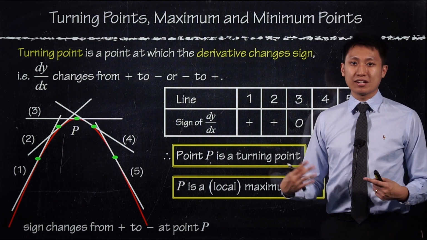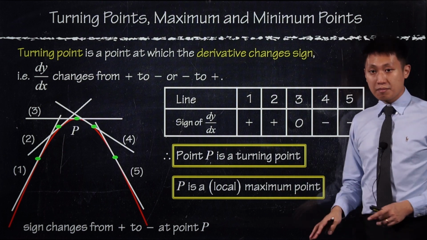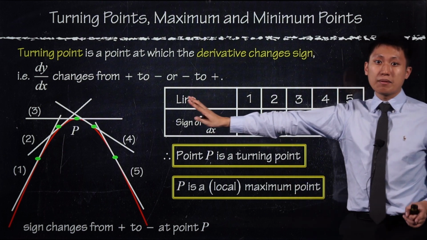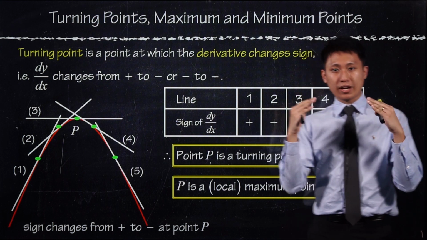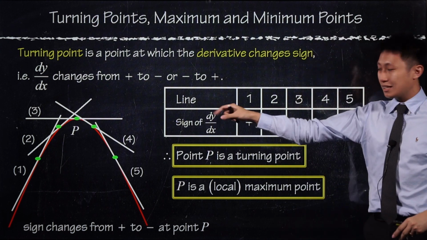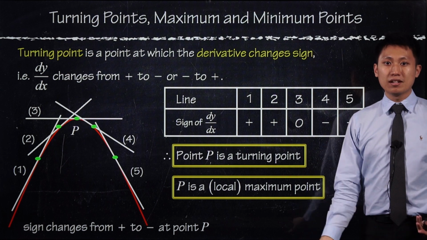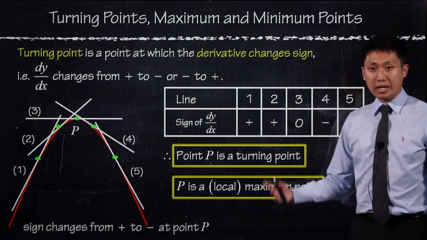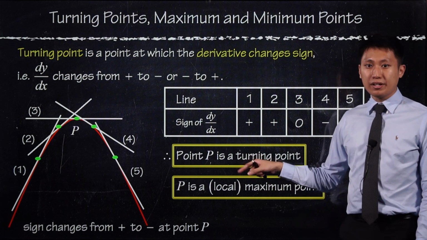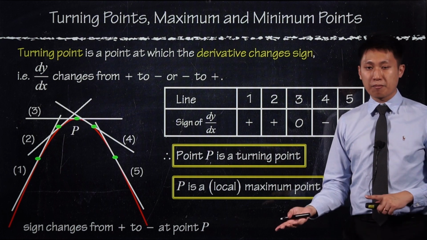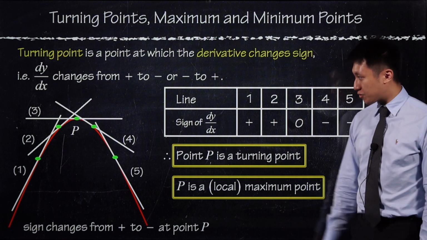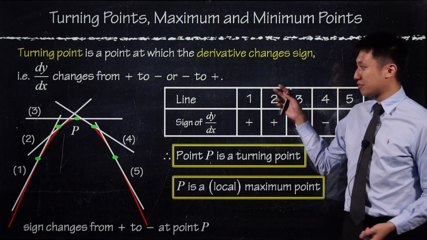It's not necessarily the global maximum, but I'll just tell you that. If you want to name it a maximum point, it's okay. This is a turning point as well as a maximum point. A turning point can be a maximum point or a minimum point. We'll talk about this later.